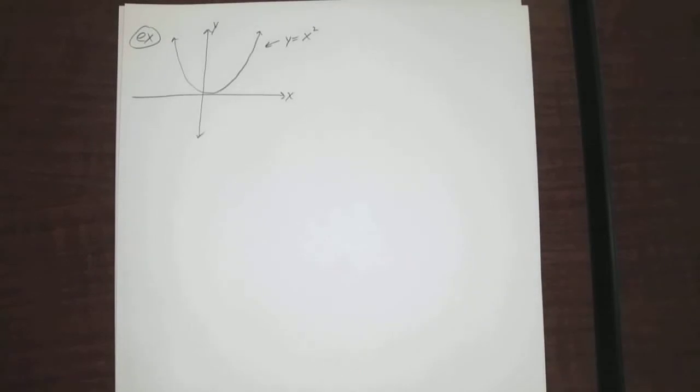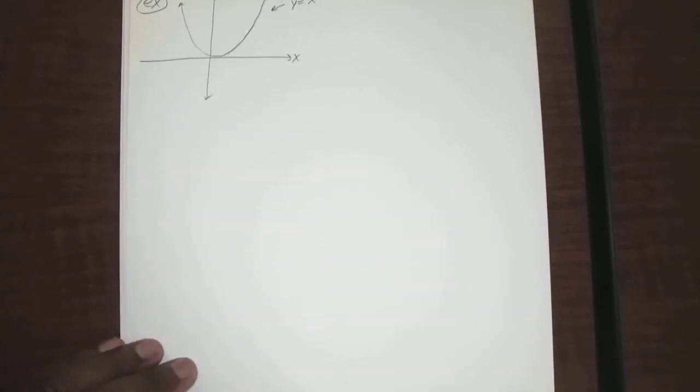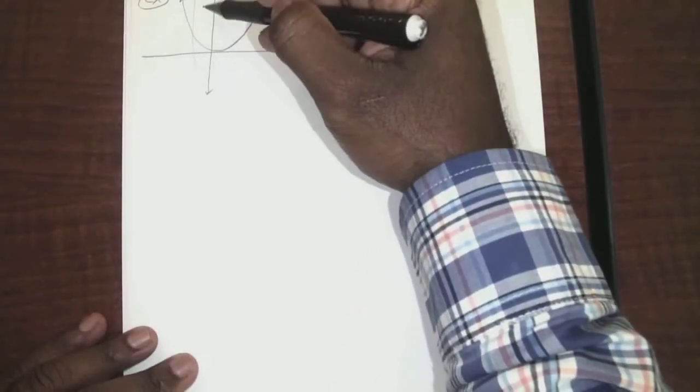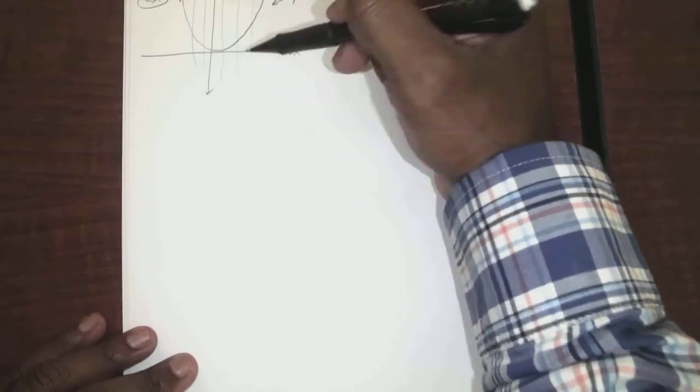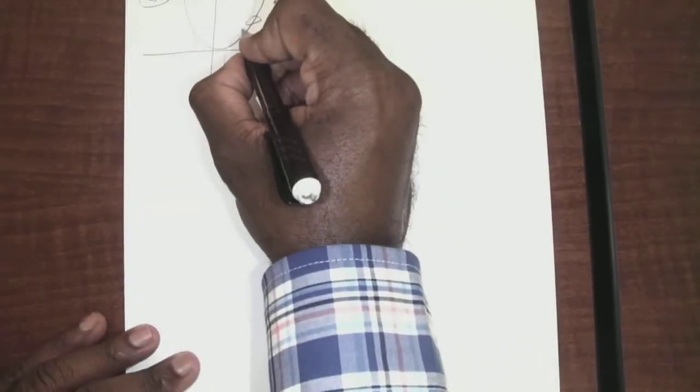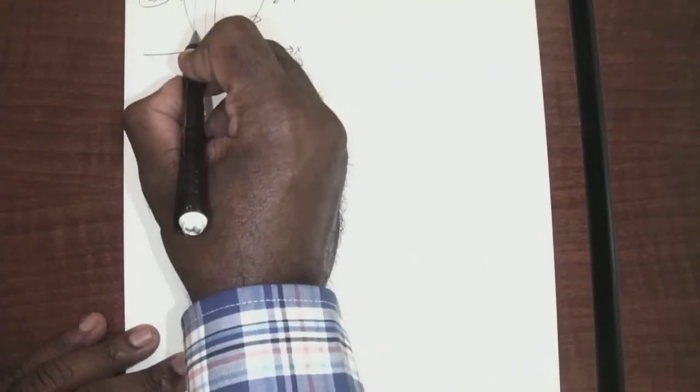Before we did the example with just the equation, but this is giving you a visual of the graph itself. You draw a vertical line anywhere, it's not going to cross more than once, so it would be a function.